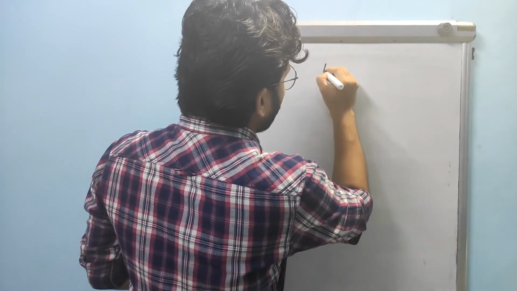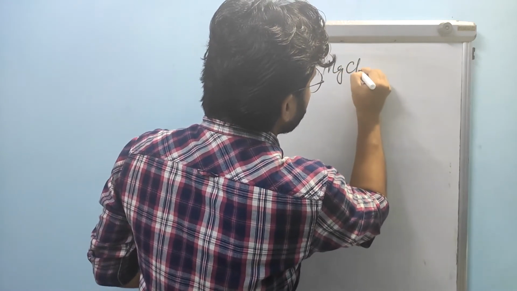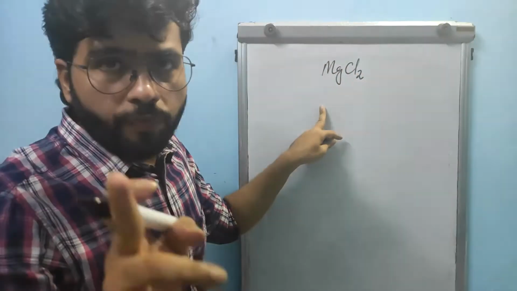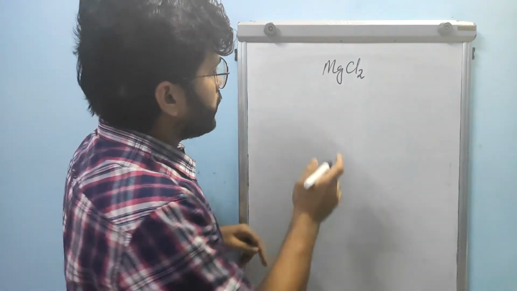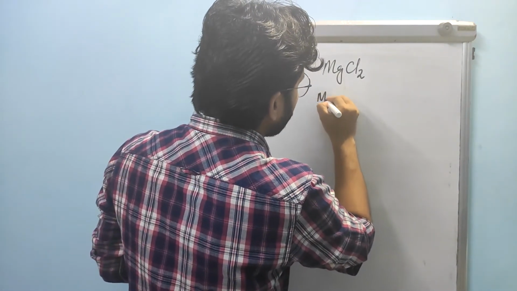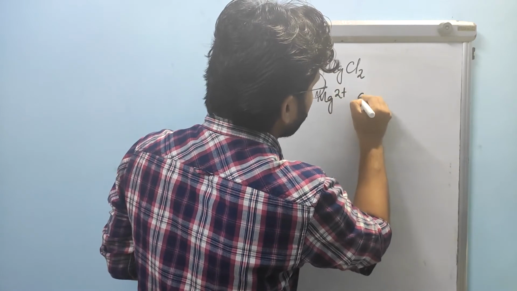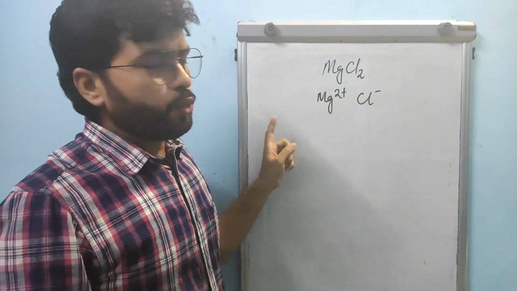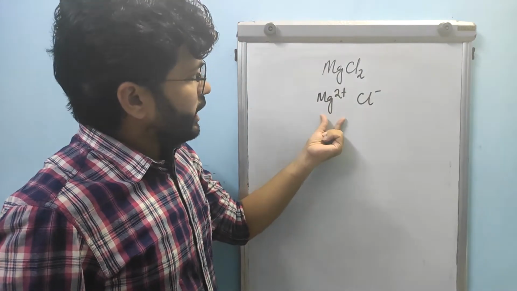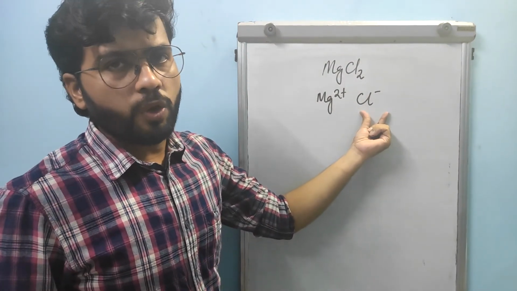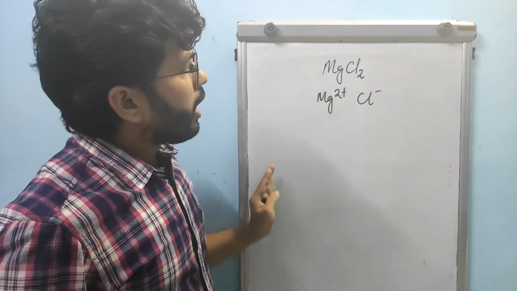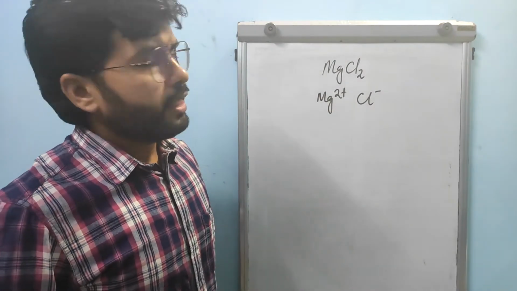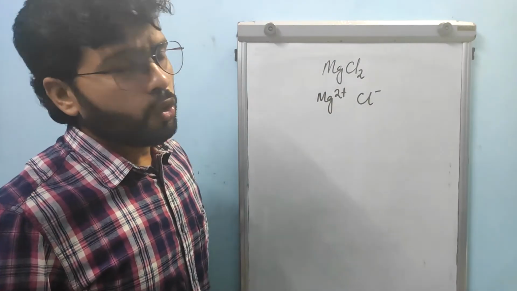Magnesium chloride is MgCl2. From the formula of the compound you can see that we have a magnesium ion and a chloride ion. That means our aim is to show the formation of the magnesium ion followed by the formation of the chloride ion. Then we will show how the electrons get transferred from magnesium to chlorine.